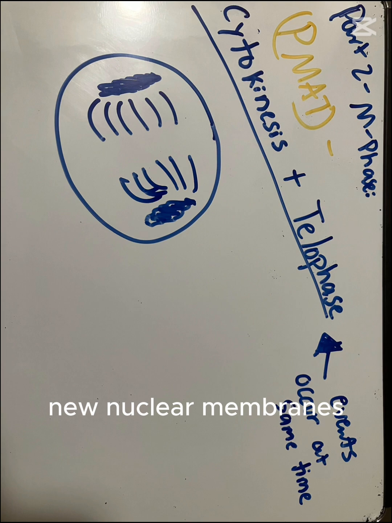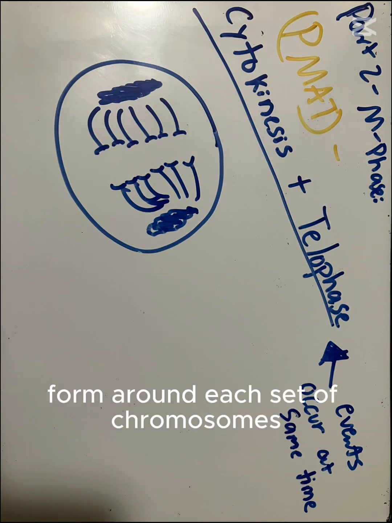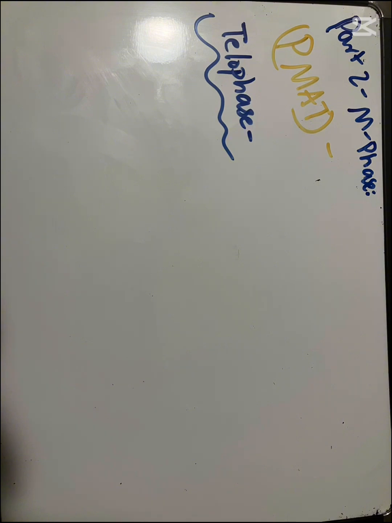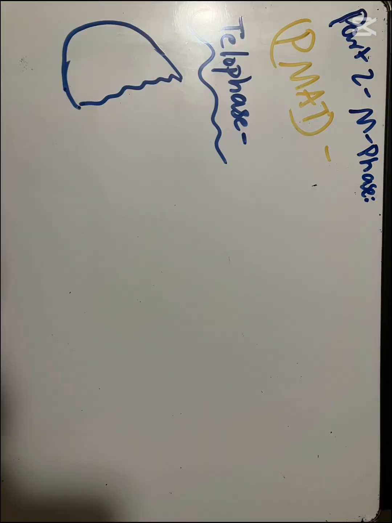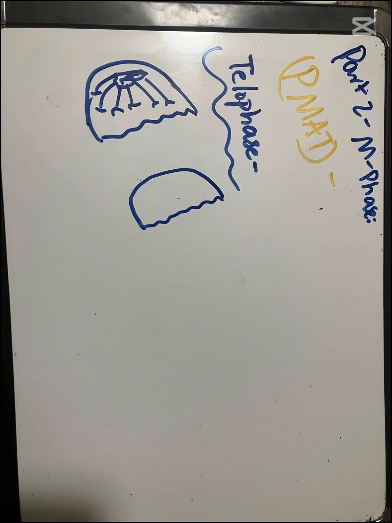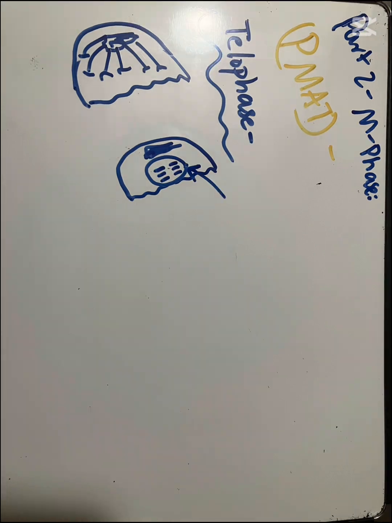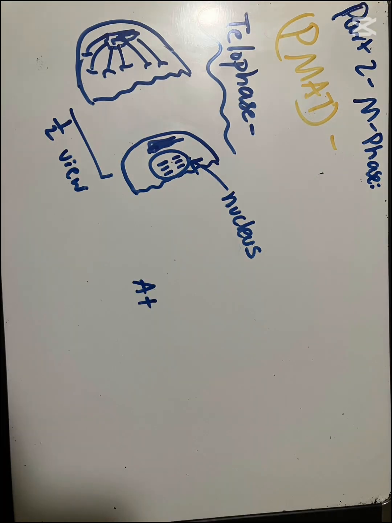New nuclear membranes form around each set of chromosomes, and the spindle fibers disassemble. At this stage, mitosis is complete, but the cell itself isn't finished.